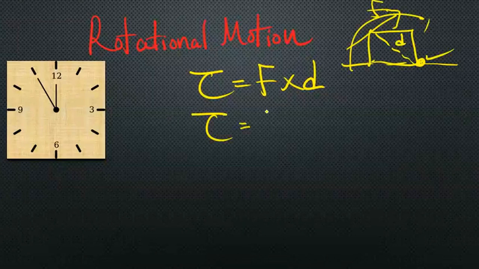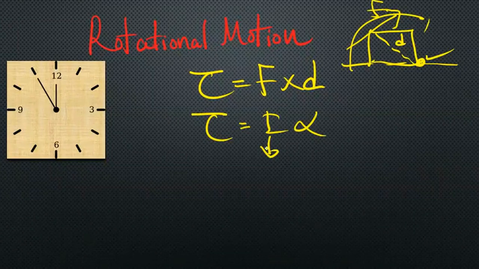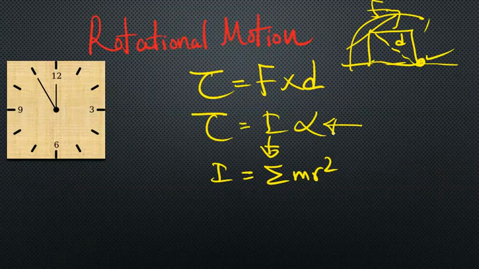Here I is the reluctance to rotate or else moment of inertia, where I equals the common equation sigma m r squared. Here alpha is the angular acceleration. Where torque is 0, we can conclude angular momentum is conserved.